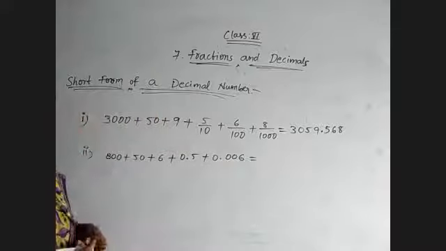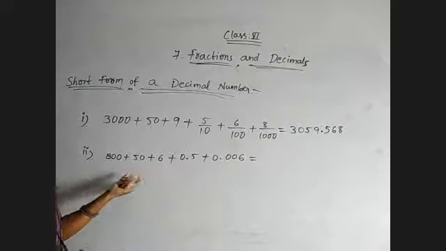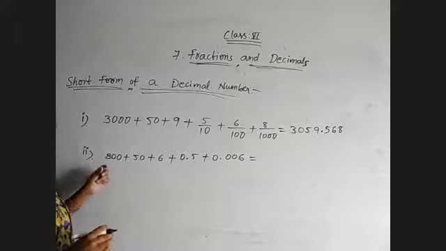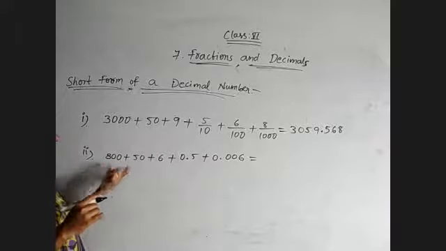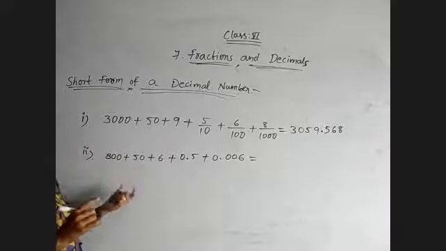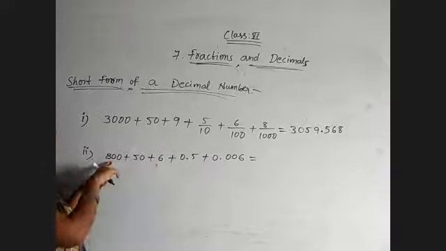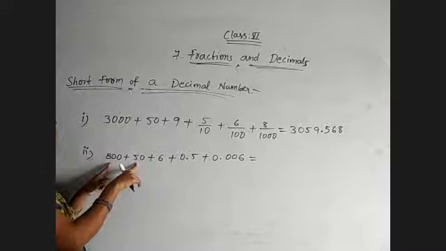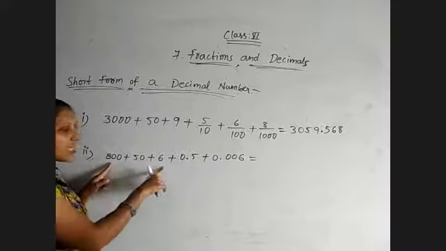Now I have given the expanded form in decimal notation. For this I want to write the standard form. In the whole number part, 800 means the hundreds place value is highest. Means in the whole number part we will get 3 digits. Hundreds, tens, ones. Just observe, the hundreds digit is 8, the tens digit is 5, and the ones digit is 6. Means in the whole number part we will get 856.